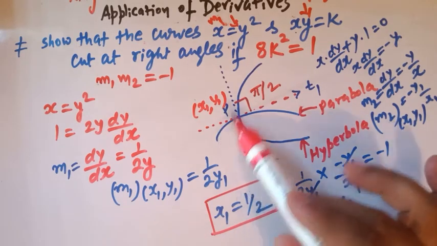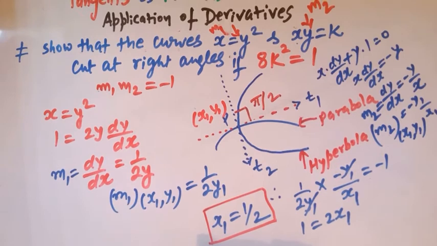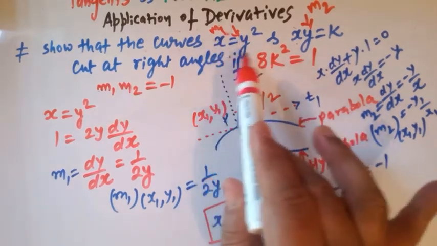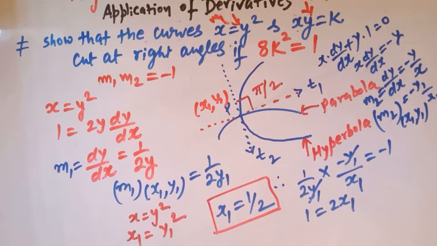Now since these two curves cut at this point P, we can obtain the value of y1 from either of these two equations. So let us substitute x1 is equal to half in x is equal to y square. So we have x1 is equal to y1 square. Clear? So x1 is half, so half is equal to y1 square.